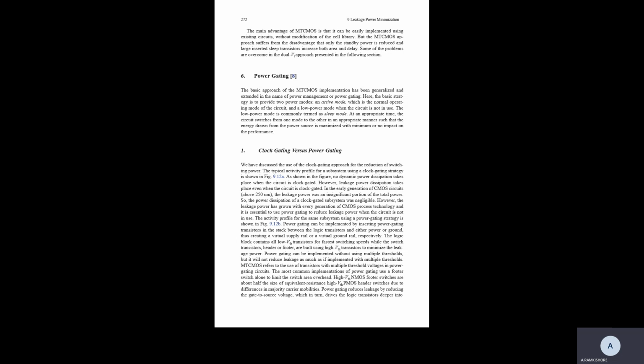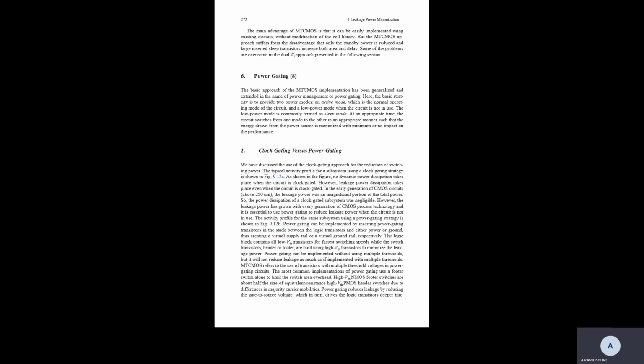The low power mode is commonly termed as sleep mode. At an appropriate time, the circuit switches from one mode to the other in an appropriate manner, such that the energy drawn from the power source is minimized with minimum or no impact on the performance.